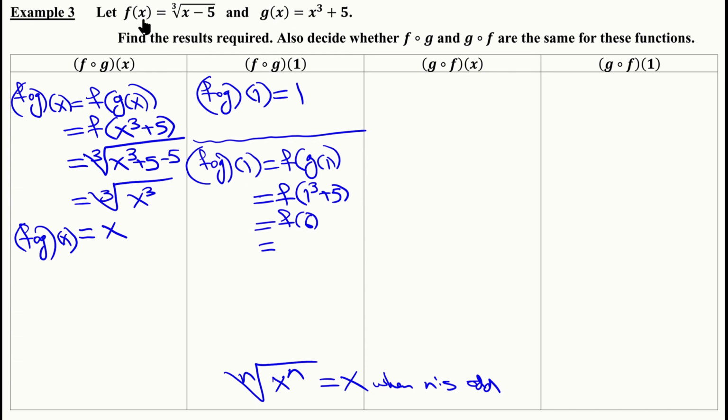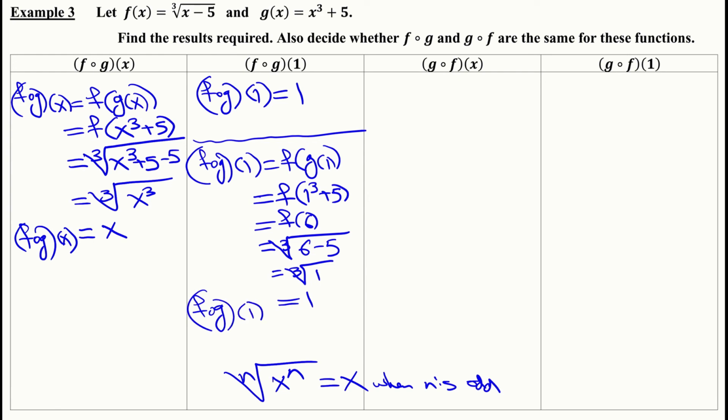So f of 6 is just going to be the cube root of 6 minus 5, which is the cube root of 1, which is 1, as we expected. And that is f circle g of 1.